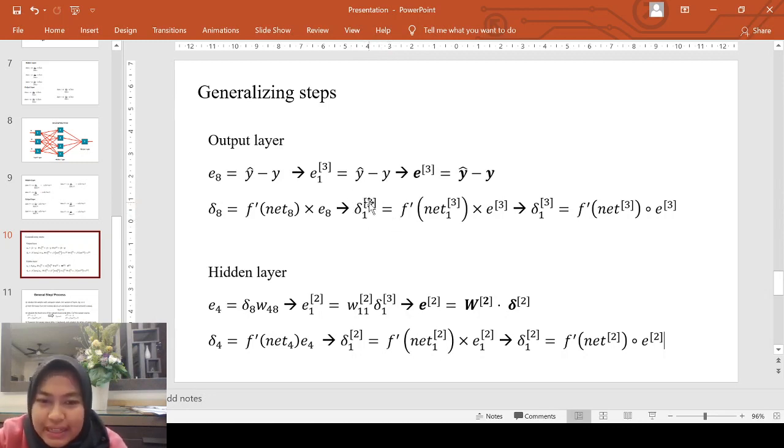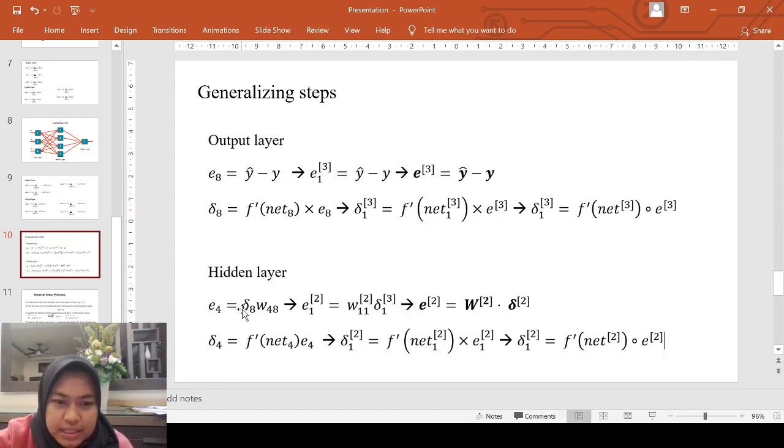Delta 1 of the third layer is equal to f net 1 of the third layer times the error of the third layer. So delta of the third layer is f net of the third layer, and we multiply, this is the Hadamard notation, with the E of the third layer.